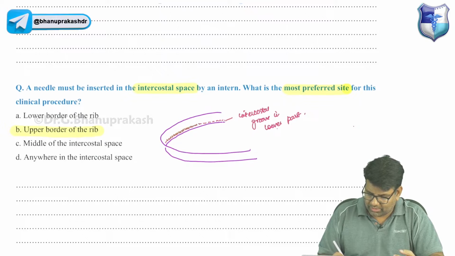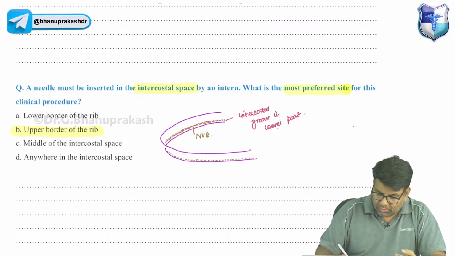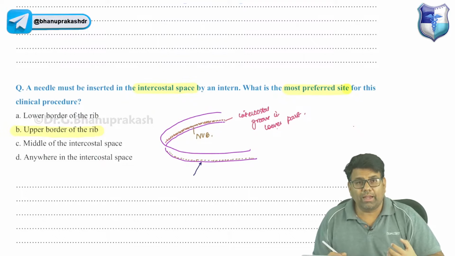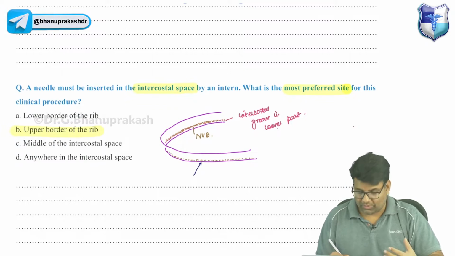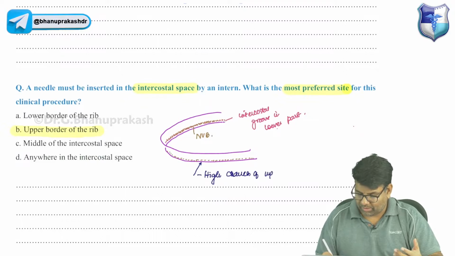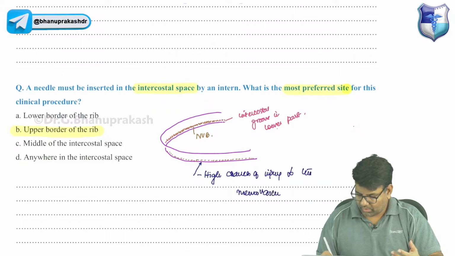The neurovascular bundle is lying here. So the neurovascular bundle is related to the rib in this manner. So suppose if someone is passing the needle this way through the lower end of the rib or the inferior surface of the rib, there are high chances of injury to the neurovascular bundle.